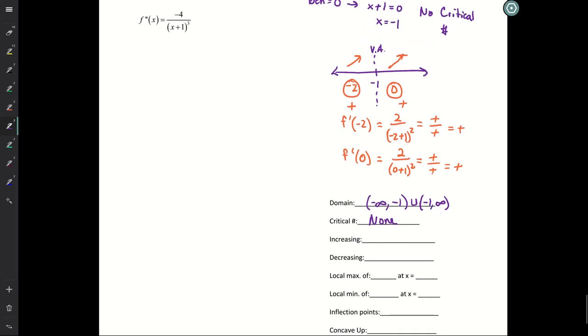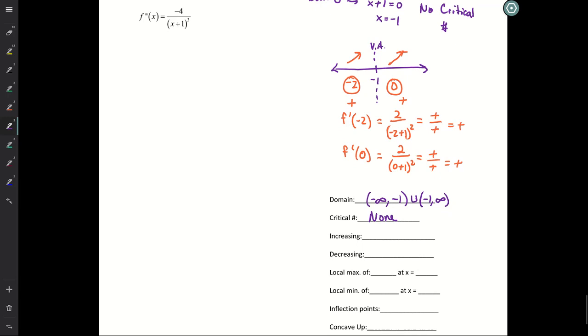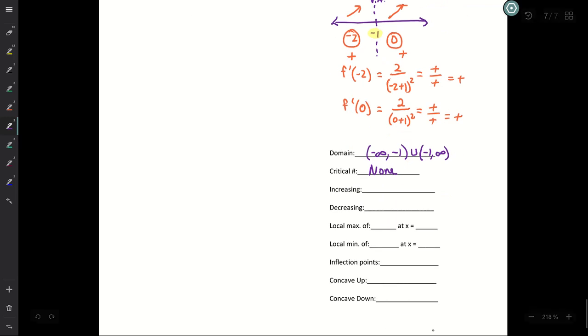Increasing, it looks like this function is increasing everywhere except at that vertical asymptote. We need to make sure there to leave that out. So we're just going to say there we're increasing over the entire domain, -infinity to -1, and then union -1 to infinity. That means it's decreasing nowhere, and we're going to go ahead and give that as an answer.